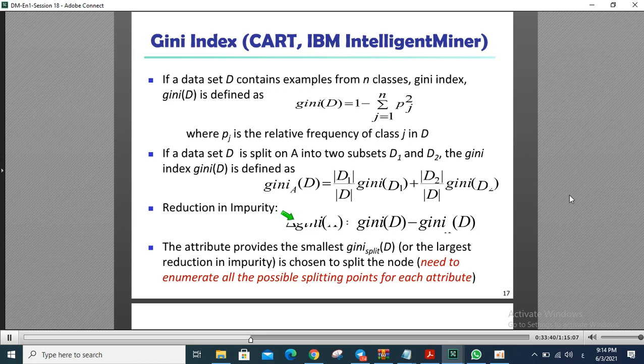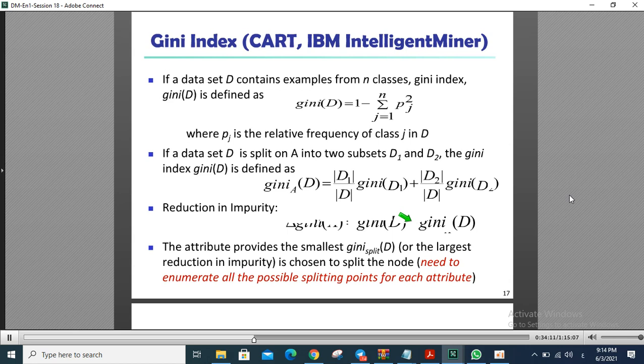But which attribute is the best? The attribute with the highest value of delta Gini. So the last equation in slide 17 must be maximum. Among those three values, I should select the lowest value.